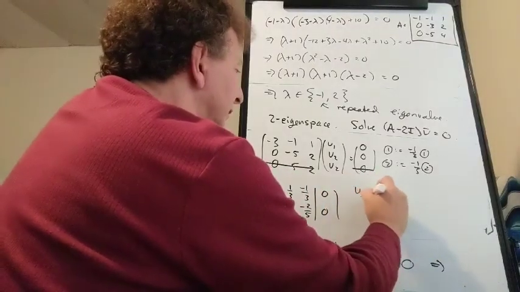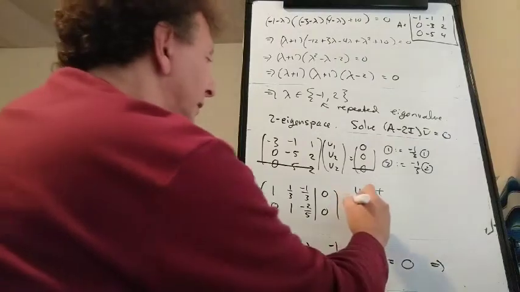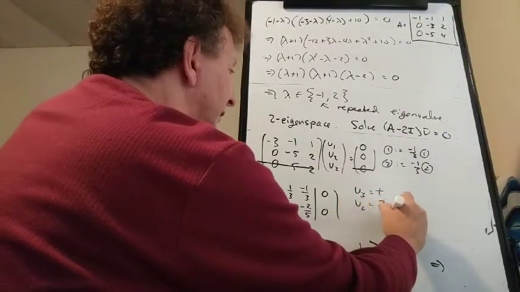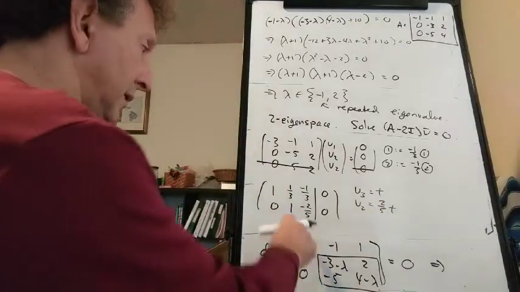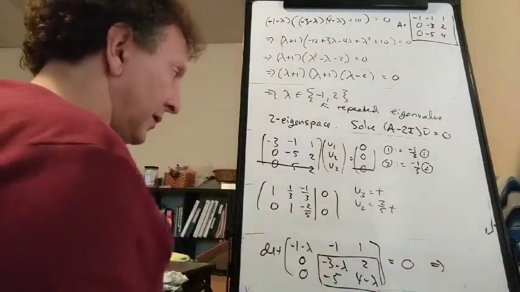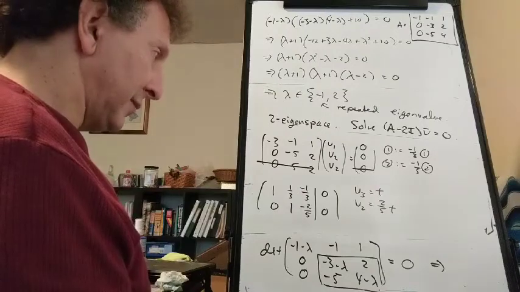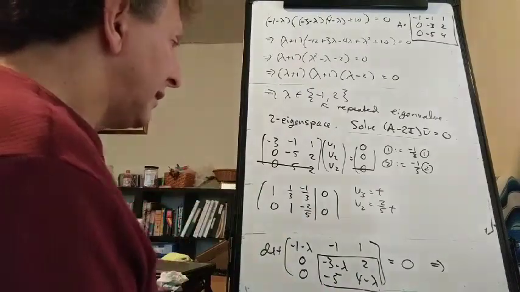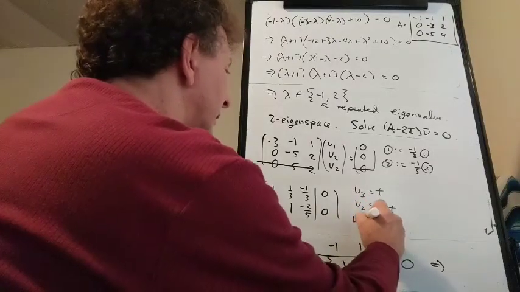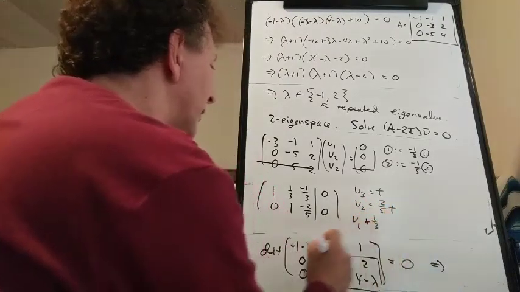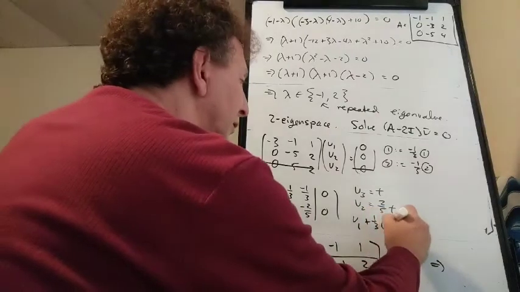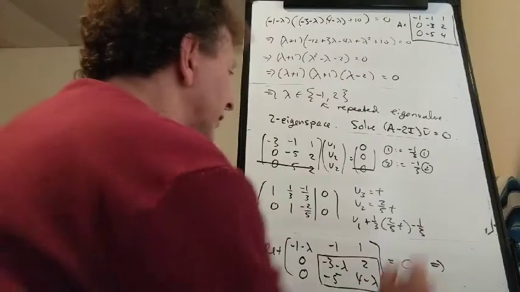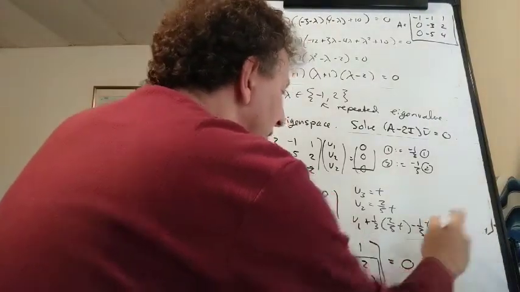So v3 is anything we want. That's a free variable. v2 equals 2/5 t, putting the negative 2/5 t on the other side to make a positive 2/5 t. And then v1 plus 1/3 of v2, 2/5 t, minus 1/3 of v3, which is t, equals 0.